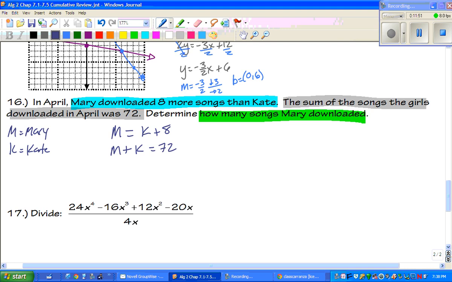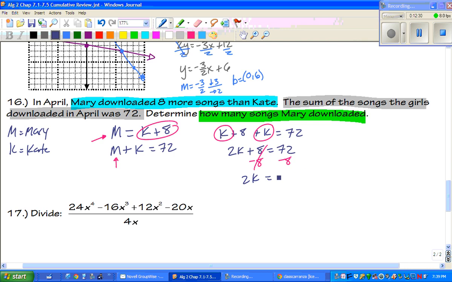And now this is going to be substitution because the M is all by itself, and we can plug that in right there. So we get K plus 8 plus K equals 72. And now, with our like terms, we're adding them. It's not K squared, it's K plus K, which is 2K plus 8 equals 72. So to solve, we have to subtract 8 from both sides.